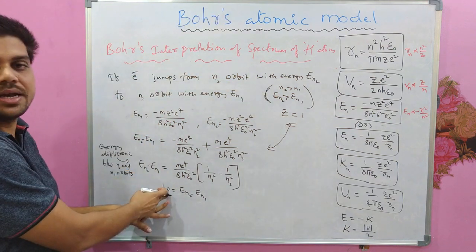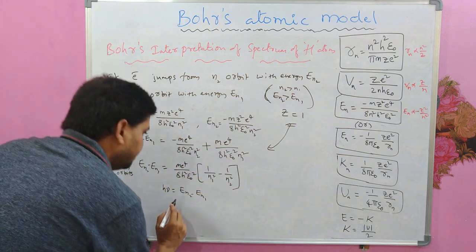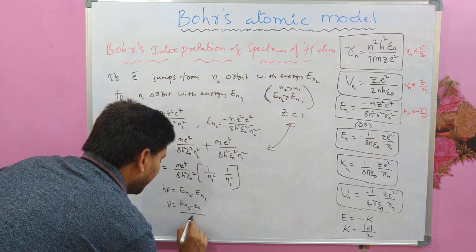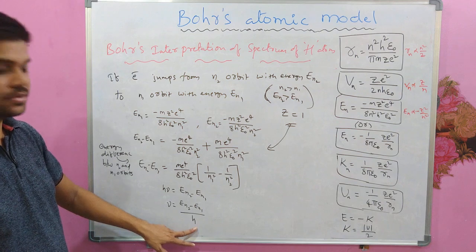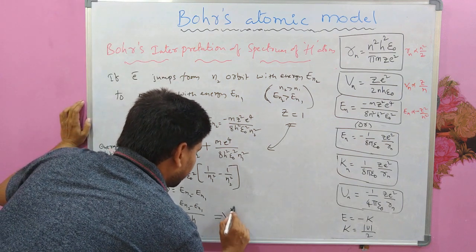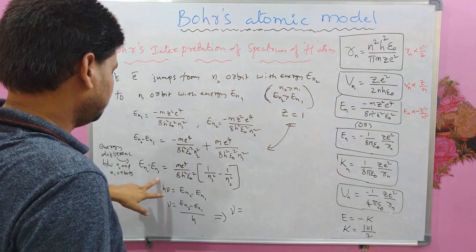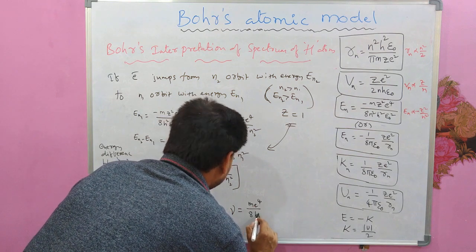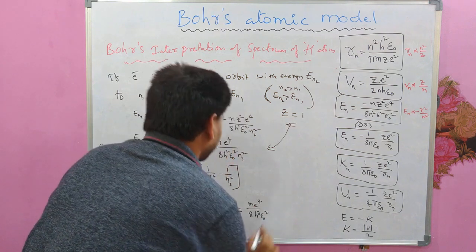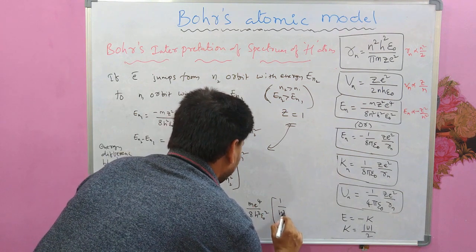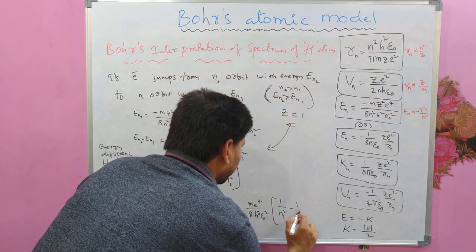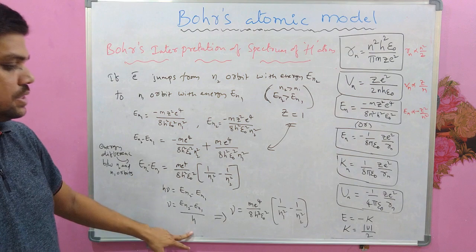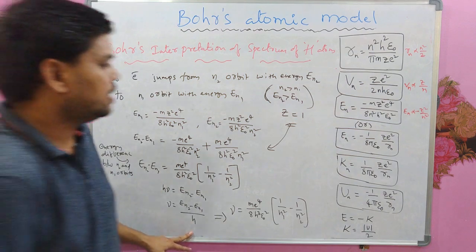In the form of photon energy it is released, and nu I can write as En2 minus En1 by h, which means nu can be written as this by h. So nu equals m e power 4 by 8 h cube epsilon naught square into 1 by n1 square minus 1 by n2 square.